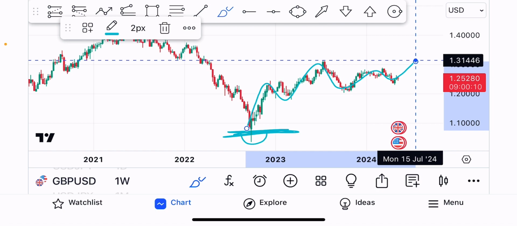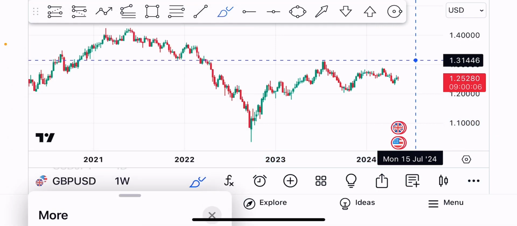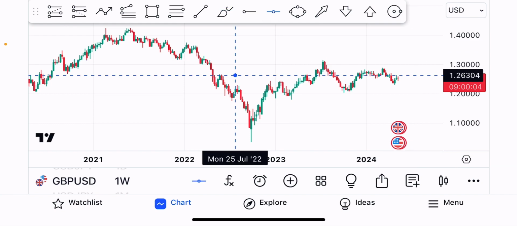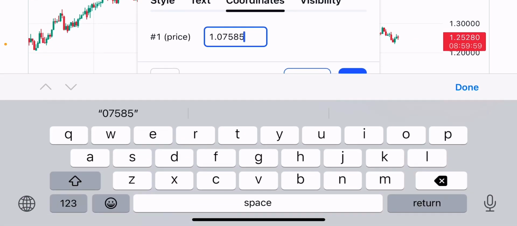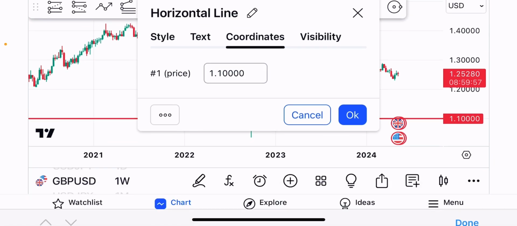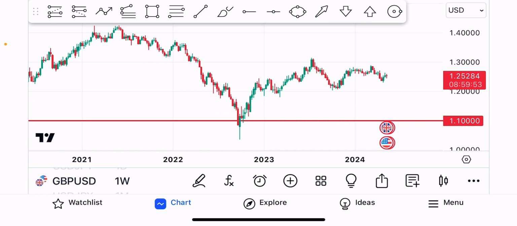So in this case, we have this price of 1.1 here as the start point of the recent swing in the market.